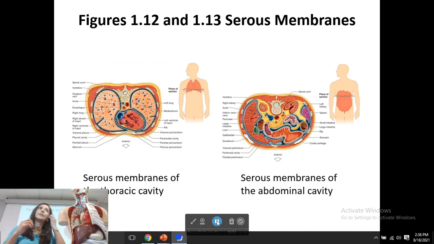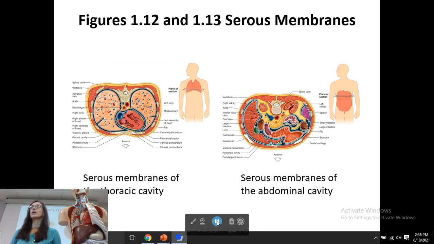It's all in the thoracic cavity, but it's only the heart that is in this cavity. Okay, it starts with a P. Pericardial, right. So the pericardial cavity is where the heart sits.